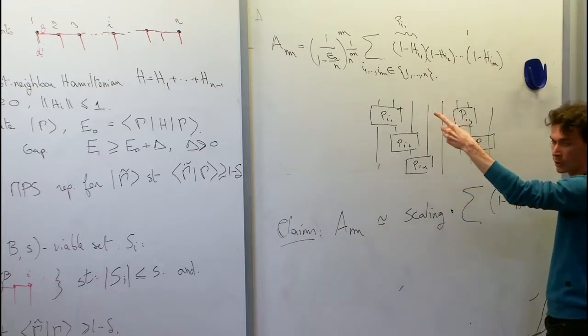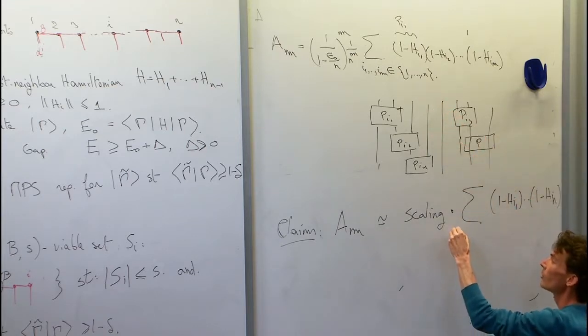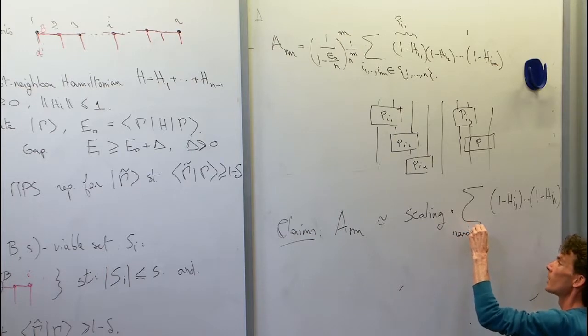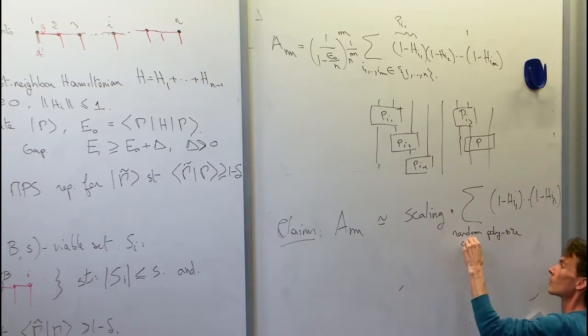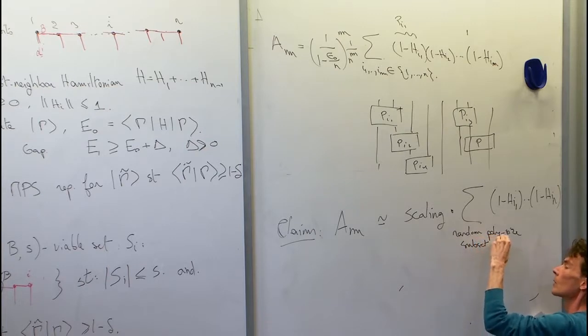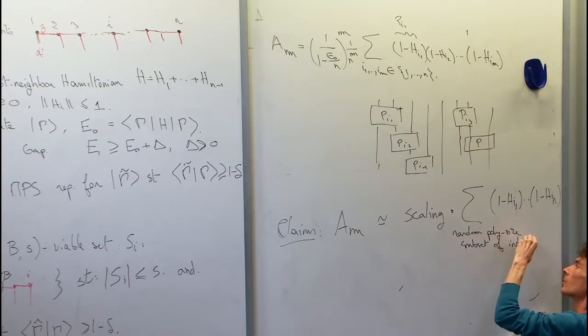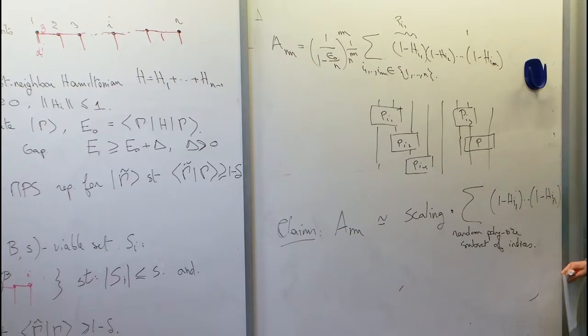Now, not all possible indices, but just a random poly-size subset of indices. And this approximation is an approximation in operator norm, up to an error that I can make inverse polynomial if I want. So that's what's known as a matrix Chernoff bound or concentration bound for sums of random matrices.